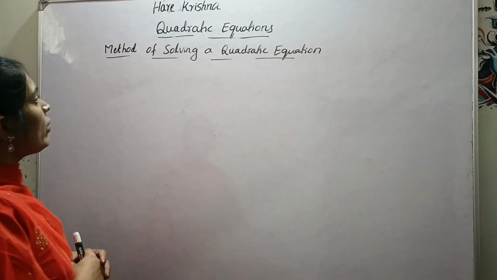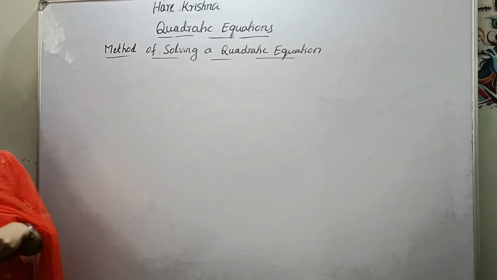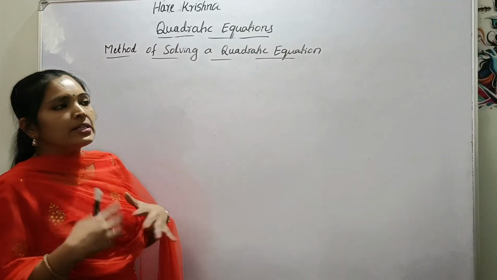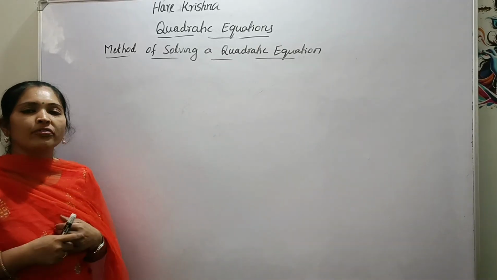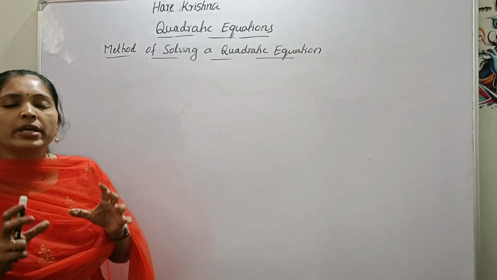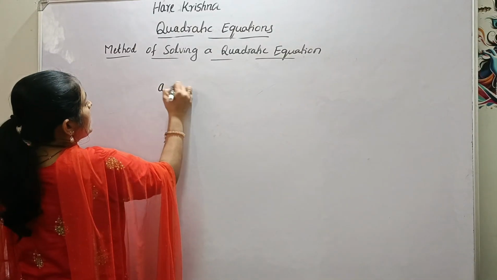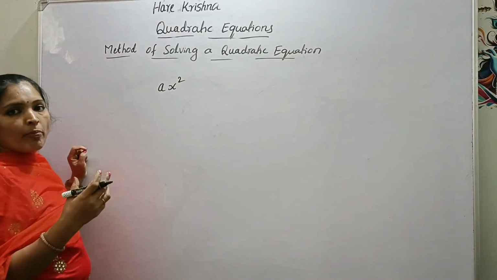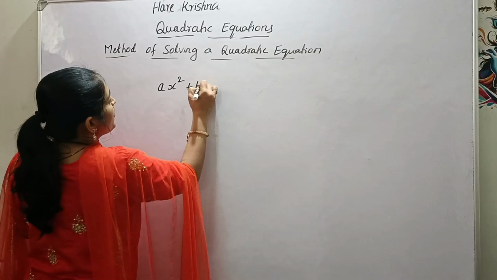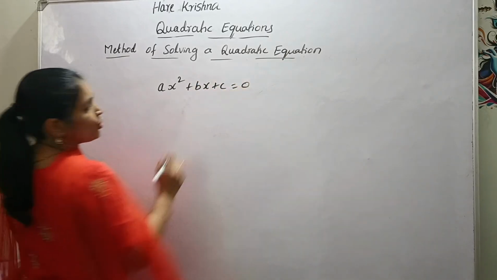Next we will study the method of solving a quadratic equation. Here we will study how to find the solution of a given quadratic equation using the quadratic formula. Let's first take the standard form of a quadratic equation, ax square plus bx plus c is equal to 0.